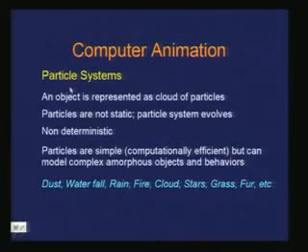So what happens in particle system is that, first of all, the representation of an object is in terms of a cloud of particles, right? So you are thinking of an object to be represented as a bunch of particles, lots of particles, right?